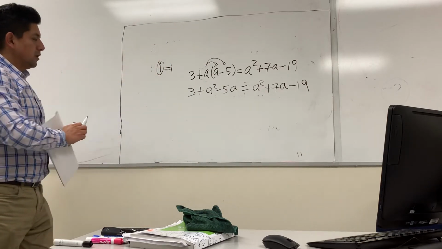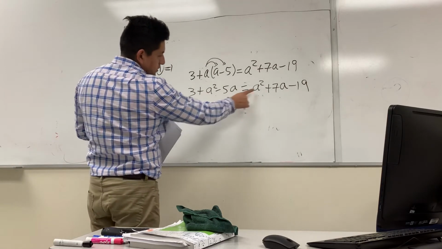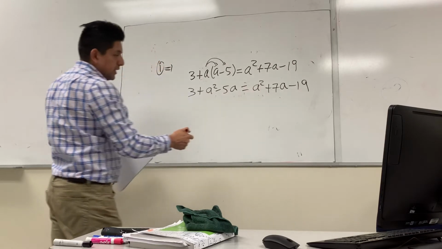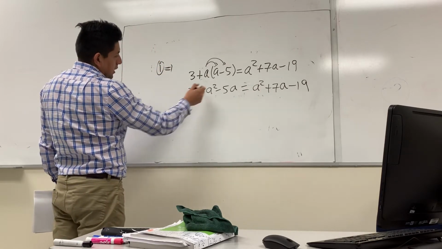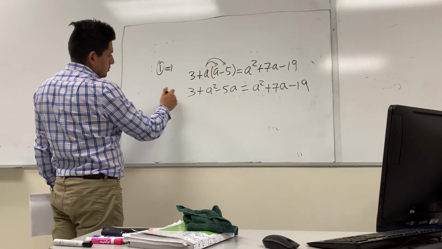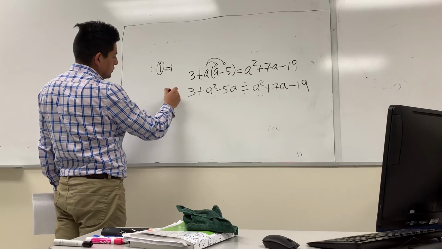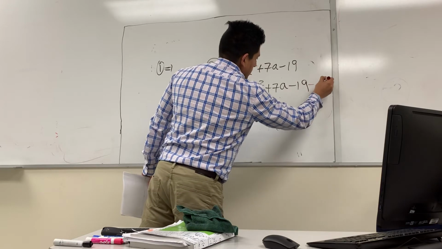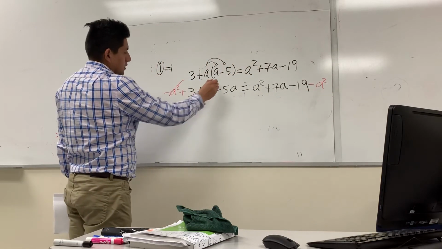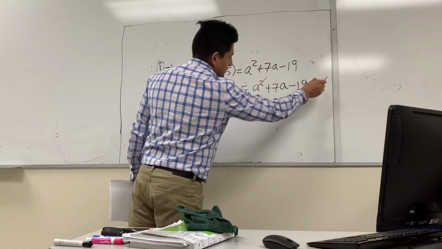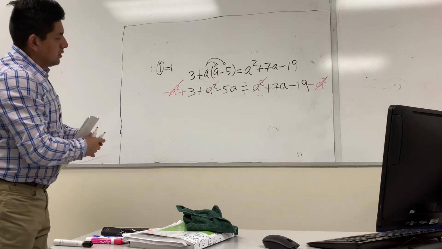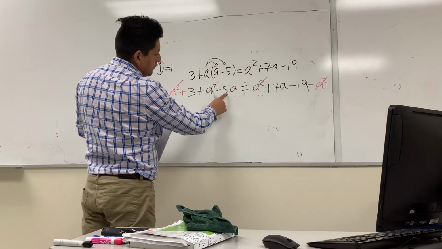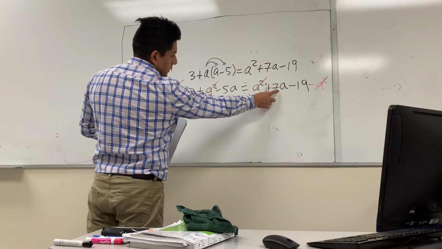Okay. So the first thing I notice, I have a squared on both sides, so that will cancel out. Which is the same as me subtracting a squared from both sides. Then you guys can see that it just cancels out. Now I have a negative 5a, I have a positive 7a right here.